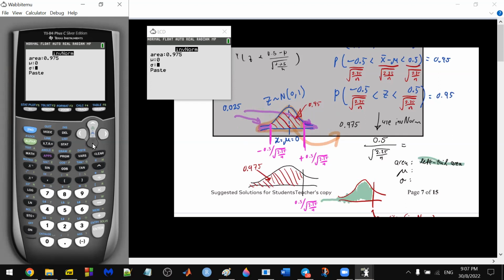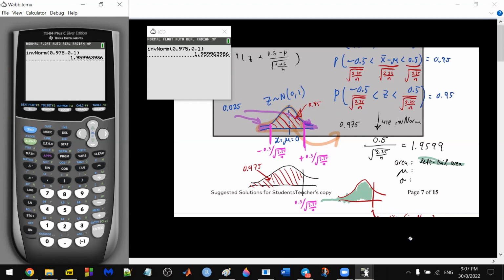Mu is 0, sigma, the standard deviation, is 1 because it's the square root of the variance 1. It's a standard normal distribution. Enter, and you finally get 1.9599. Okay, good. Then from there you can solve for n.